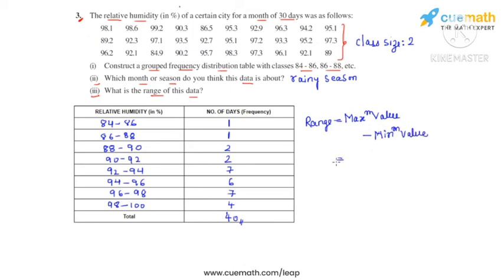The maximum relative humidity in the given data is 99.2, and the minimum is 84.9. So we subtract 84.9 from 99.2 and we get the range as 14.3. So this is the range of the given data.